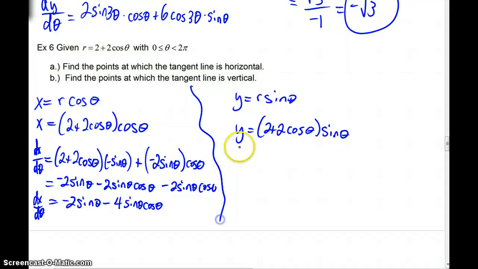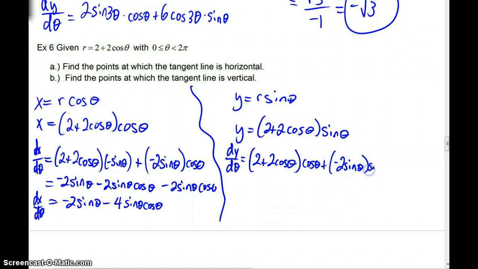Coming over here, we're going to do the same thing, dy d theta. Well, we're going to take our first function, 2 plus 2 cosine of theta, times the derivative of sine, which is cosine of theta, plus taking the derivative of the first function now, and again, that's going to be negative 2 sine of theta.